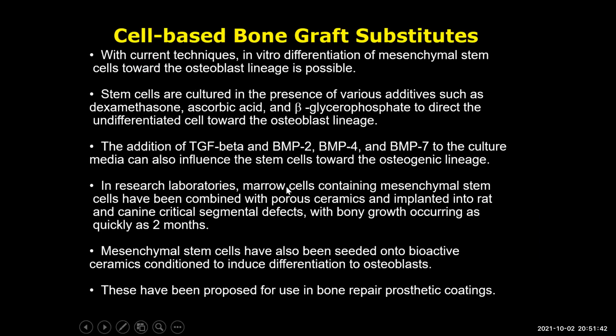Now coming on to cell-based bone graft substitutes. With current techniques, in vitro differentiation of mesenchymal stem cells is done, and cells are cultured. Additives such as dexamethasone, ascorbic acid, and glycerophosphates are used to differentiate towards the osteoblastic lineage. That means you have a mesenchymal cell, which goes into forming the non-differentiated osteoprogenitor cell, and from there to a differentiated progenitor cell to the osteoblast.